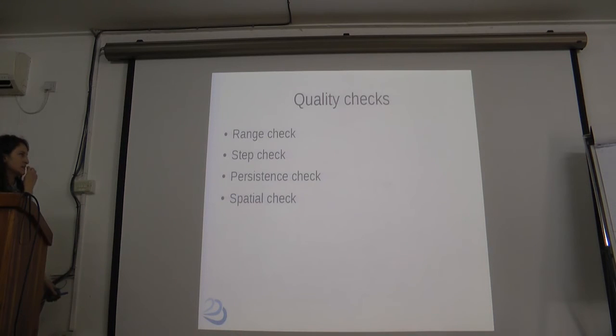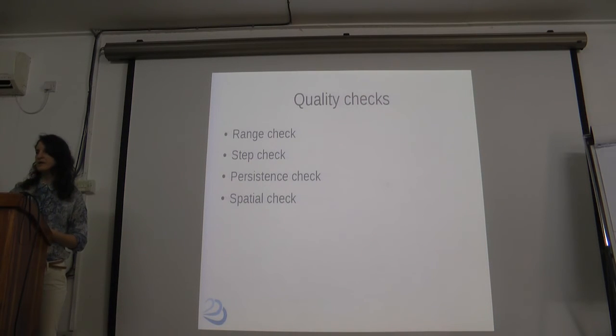The 4 quality checks within the system are the range check, step check, persistence check, and spatial check. I will go through them now.